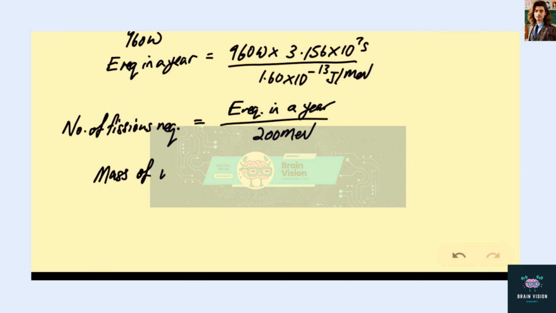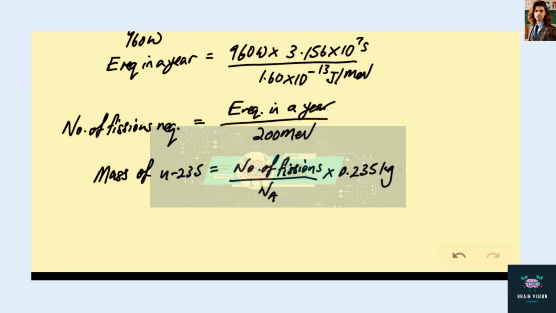Since we know that each fission reaction requires one uranium-235 nuclide, we can just take the number of fissions and divide that by Avogadro's constant to get the number of moles. Then we multiply this by the molar mass. And molar mass is given as 0.235 kilogram per mole.